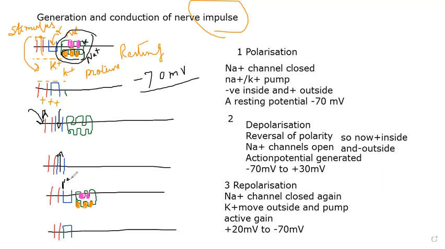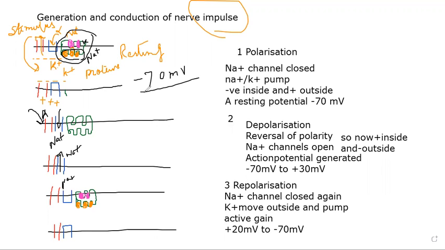Now all the sodium ions will start rushing inside. So a lot of sodium ions are now inside. In fact, the pump is also not getting so much time to pump these sodium ions outside. Because of so many sodium ions inside now, the polarity of this axolemma starts changing, and that is why this stage is called the depolarized state.